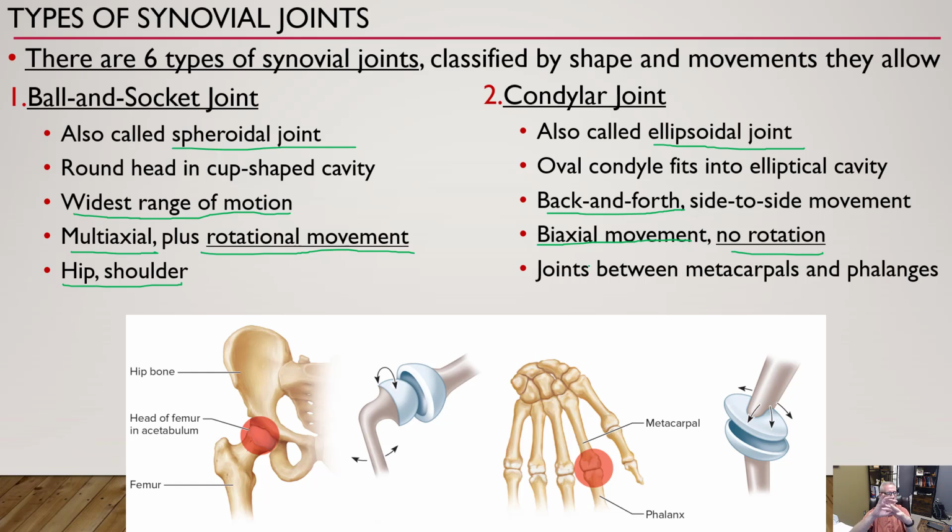You will see this more in this joint right here between your metacarpals, which is the top of your hand, and your phalanges, or your metatarsals, which is the top of your foot, and your toes. So this joint right here just allows your hand or your fingers to bend up and down.